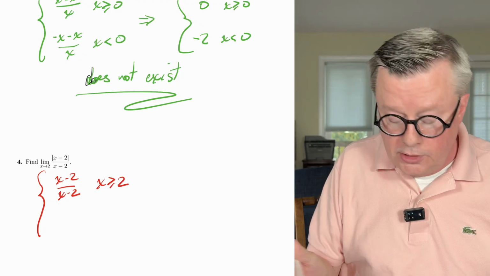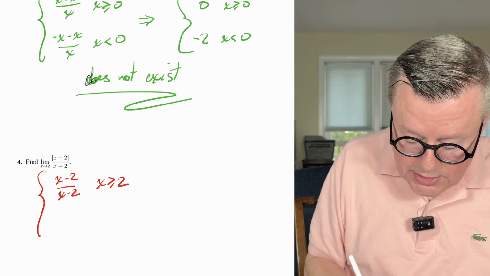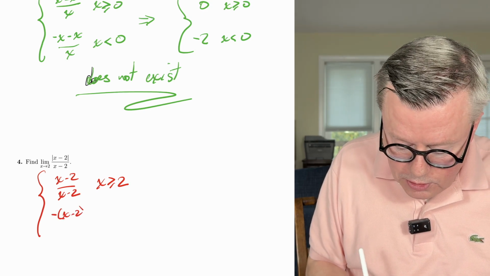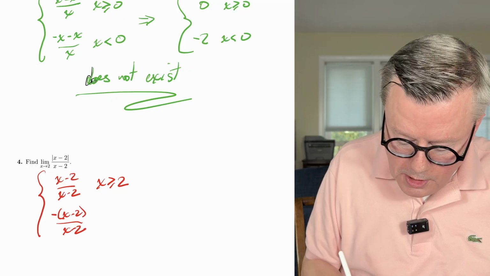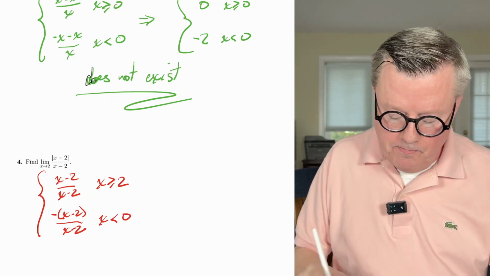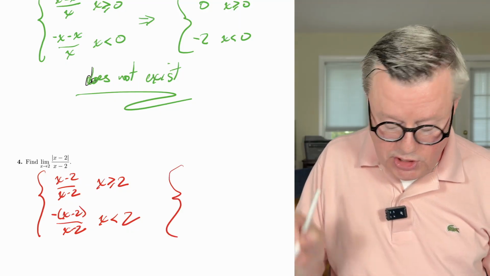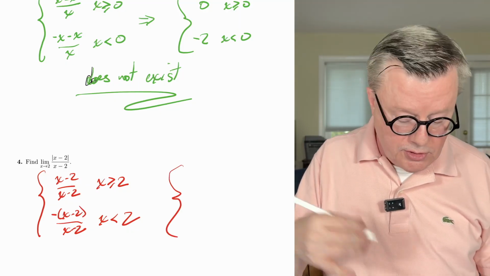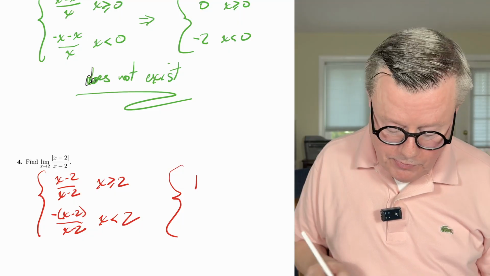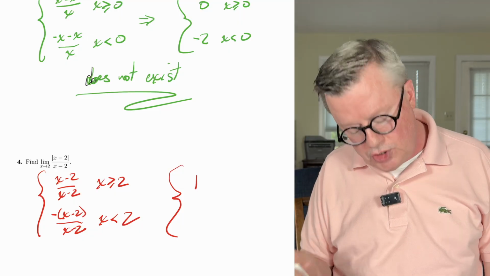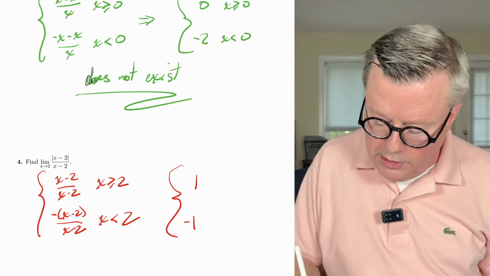That's where the absolute value is positive. And I'm going to write it as the opposite of x minus 2 over x minus 2 when x is less than 2. Great. The top one, x minus 2 over x minus 2, is 1. And the opposite of x minus 2 over x minus 2 is negative 1.